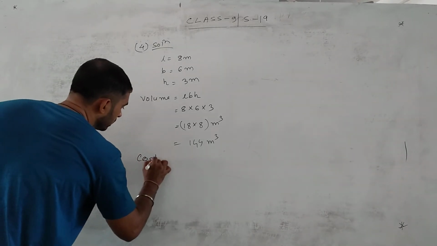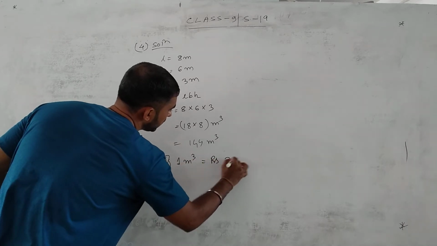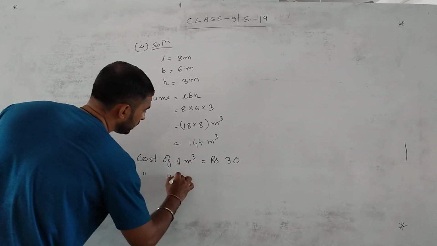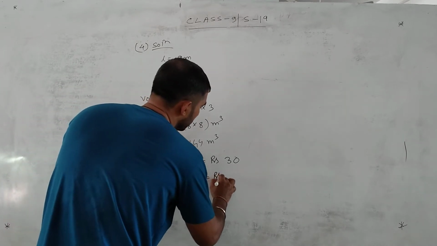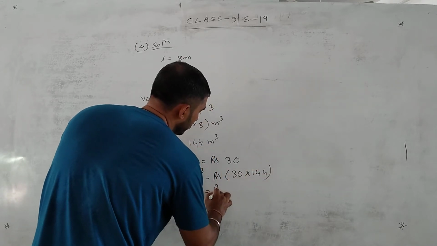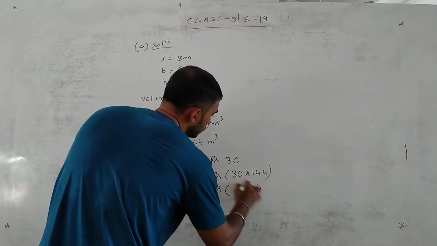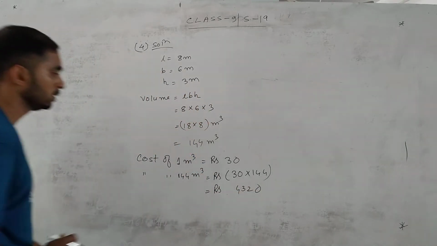Cost of 1 cubic meter equal to rupees 30. Therefore cost of 144 cubic meter equal to 30 into 144 equal to rupees 4320.